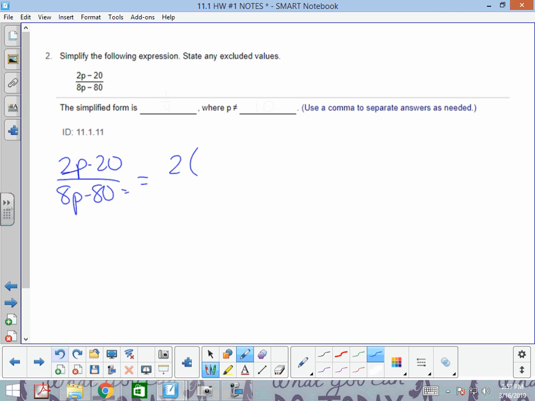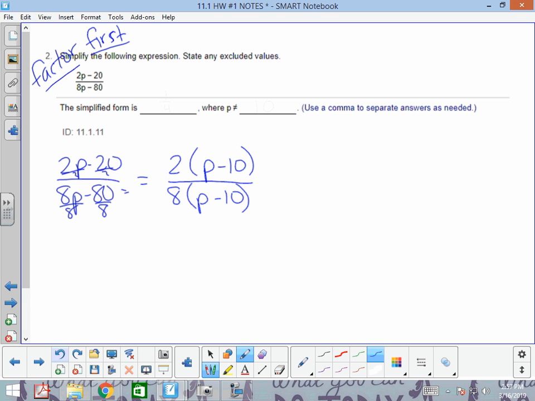So I'm going to factor out 2 from just the numerator, and I get p minus 10. In the denominator, 8 is the greatest common factor. So factor out 8, which means we're just dividing both terms by 8, and we get p minus 10. So remember to factor first before you start to cancel. Okay, factor first.